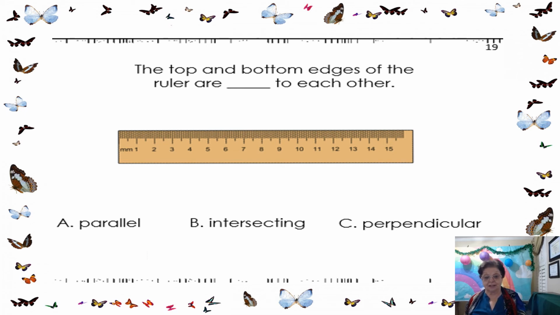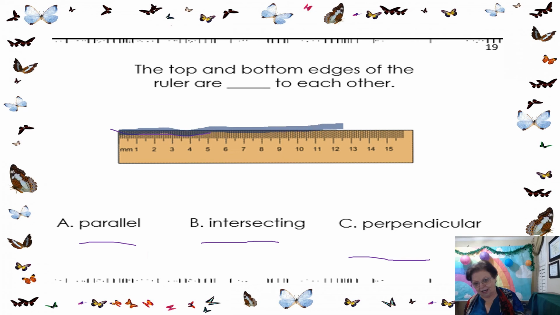The top and the bottom edges of the ruler: are they parallel, intersecting, or perpendicular? The top edge, get red highlighter, the top edge up here and the bottom edge down here. Are they parallel, intersecting, perpendicular?